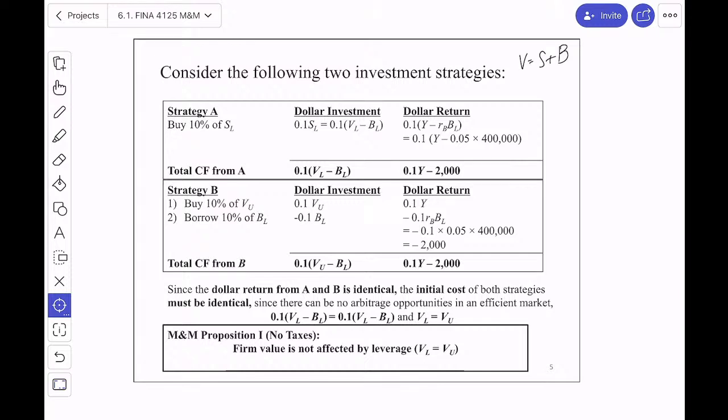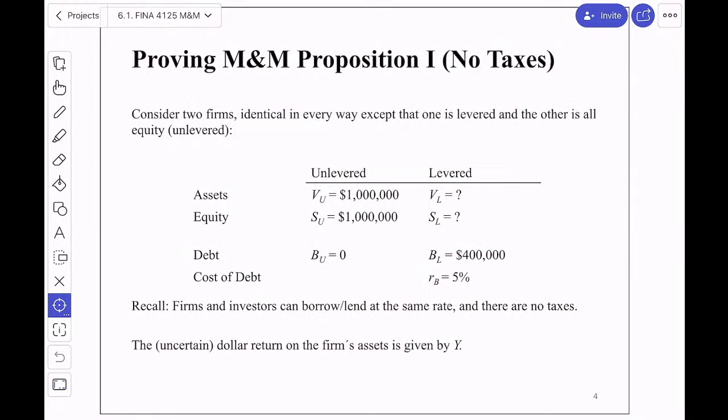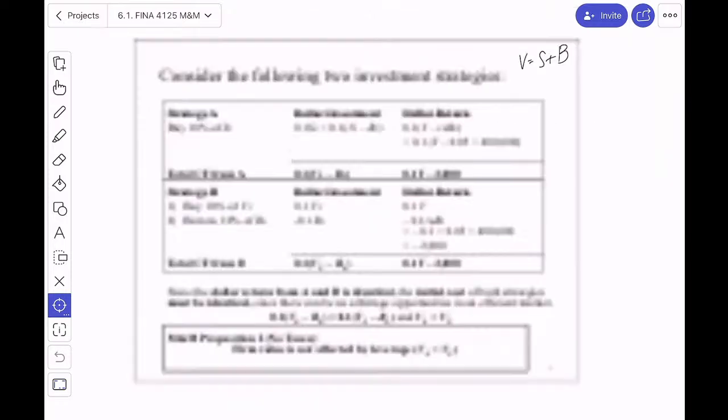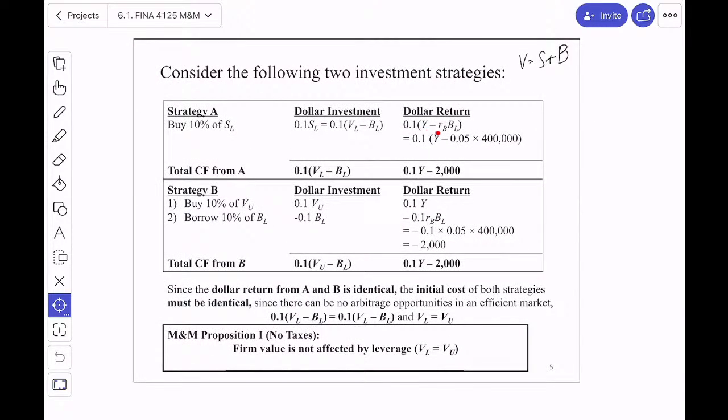So this represents the interest paid to debt holders. So that reduces the returns. What did I call it? I called it the dollar return on the firm's assets. So this is the dollar return less the payment to bondholders.